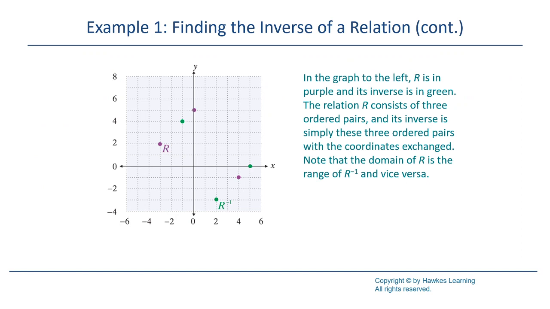And if you look, R represents all of the original points. Here's (0, 5), here's (-3, 2), and here's (4, -1). And then you can find their corresponding points. Here's (-1, 4), here's (5, 0), and there's (2, -3).